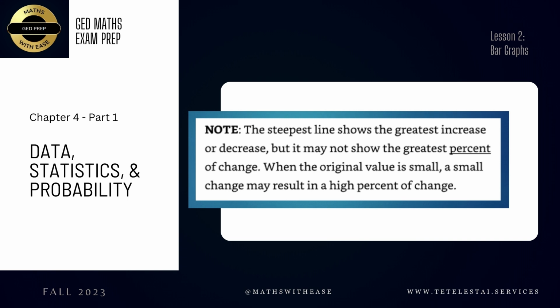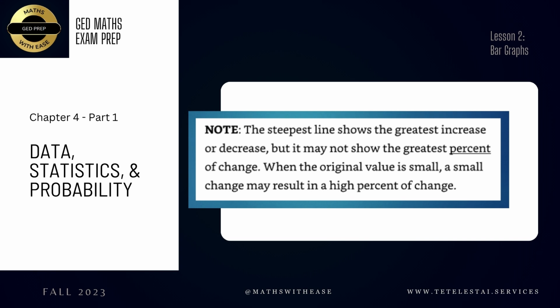So change should immediately tell you that you're going from one point to the other, okay? And that would involve some kind of subtraction or a change in direction, depending on what the question is asking you, right?